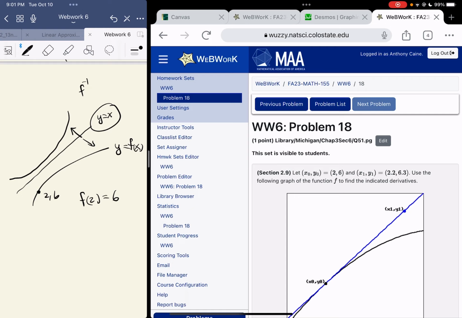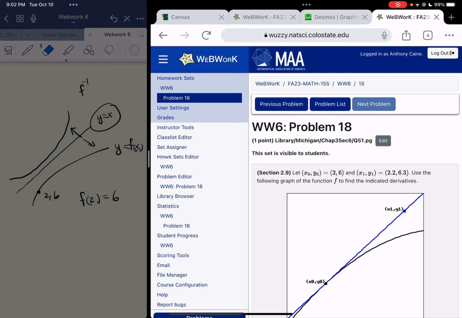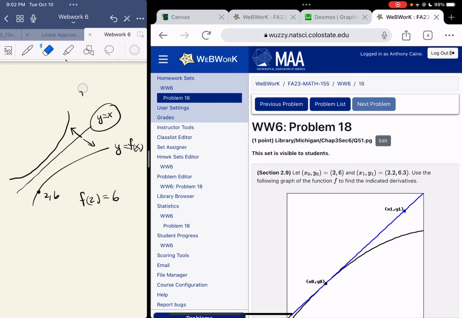Okay, so this doesn't look like it. So maybe I should make one that looks more like it. I should change these names based on the information I have. So this is going to be f of x, and this is going to be f inverse. So it's still just a reflection, but now I can say, okay, go over 2 up 6.